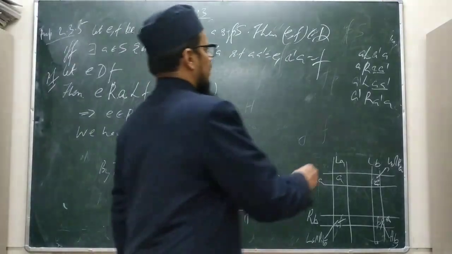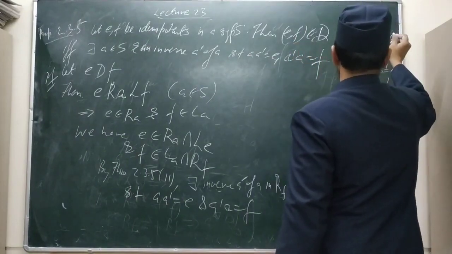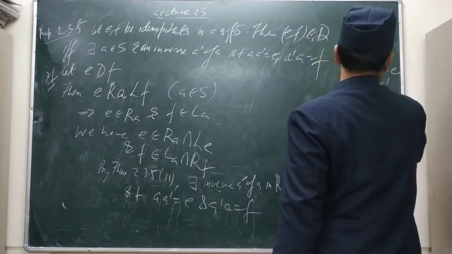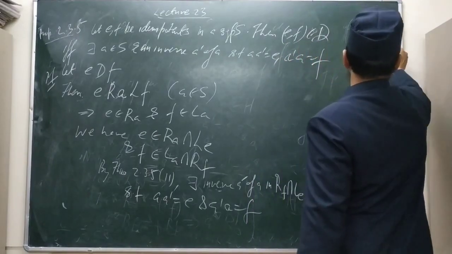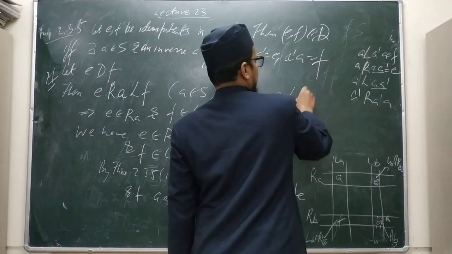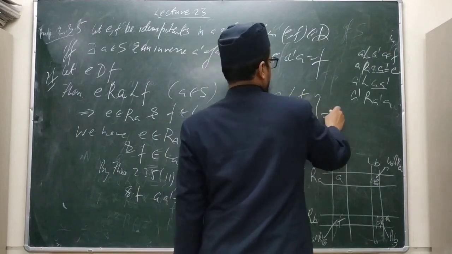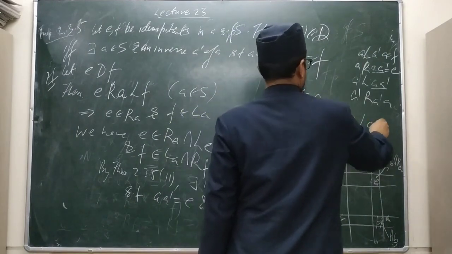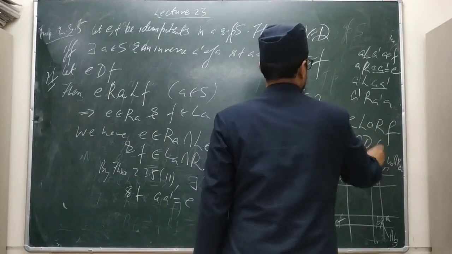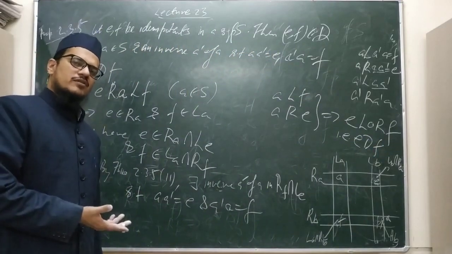You see, A A dash is E, and A dash A is F. So what we have is A L F and A R E. What does it imply? It implies E D F. In this way, the second part is proved.